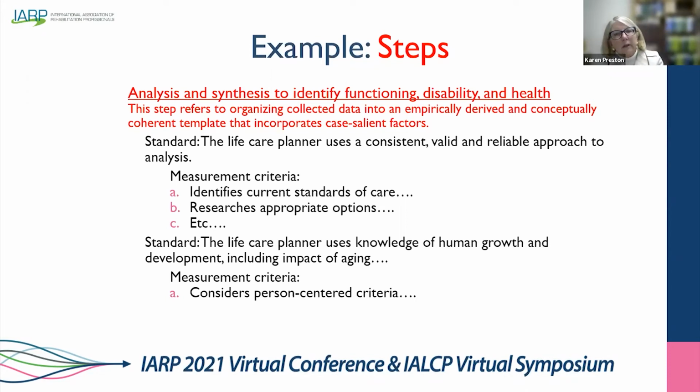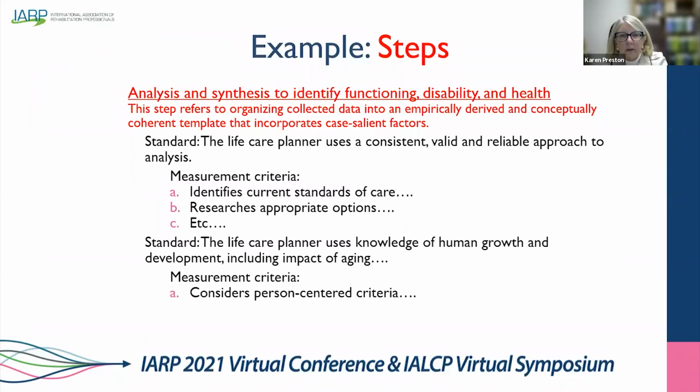And we then had to consolidate that and make everything look coherent and understandable. So for this step, there were a couple of different standards, and these will be familiar to you because these are the words that were used in the 3rd edition.